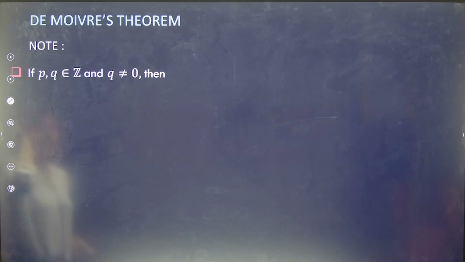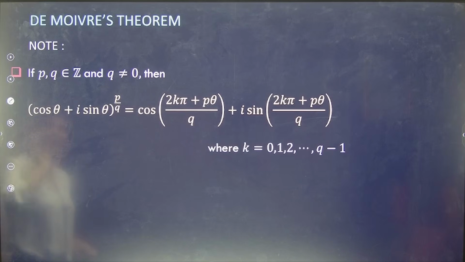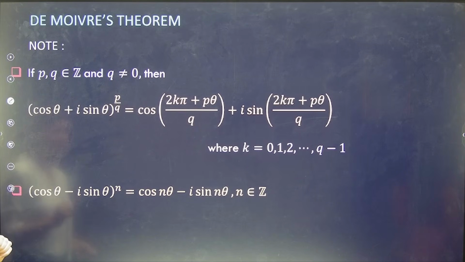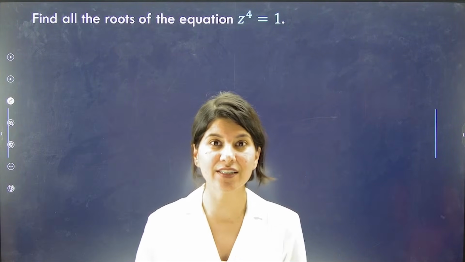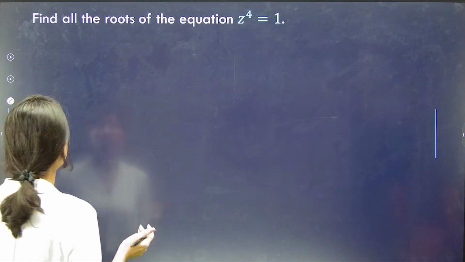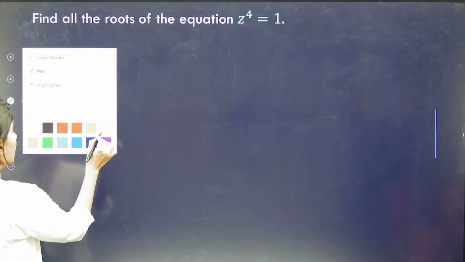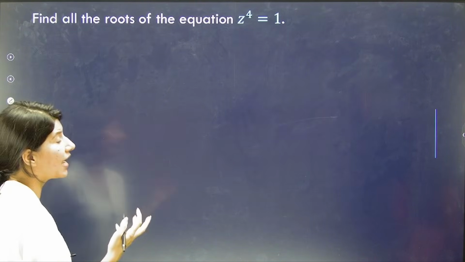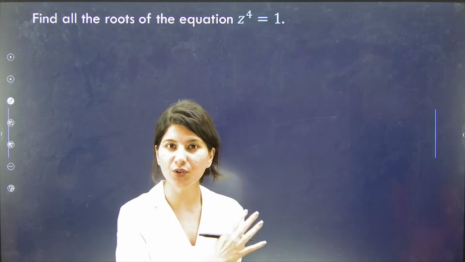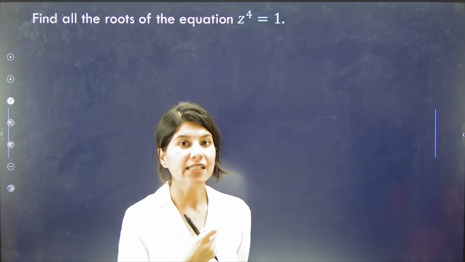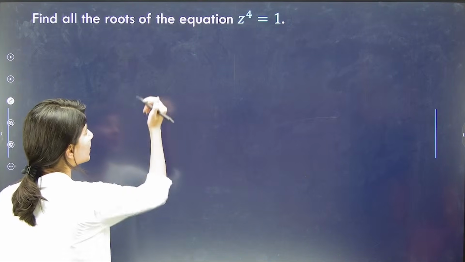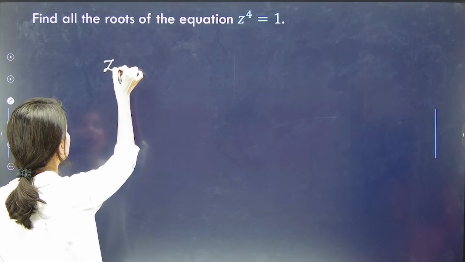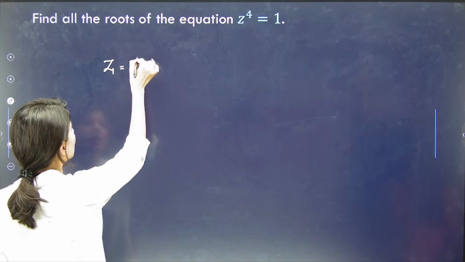Okay. All right. Clear. Now let us do one question to understand how we can actually apply de Moivre's theorem to calculate the solution of these types of equations. Z raised to power 4 is equal to 1. So Z will be equal to 1 raised to power 1 by 4.